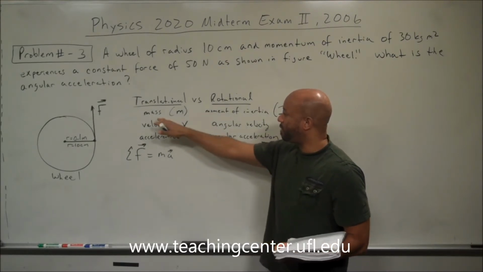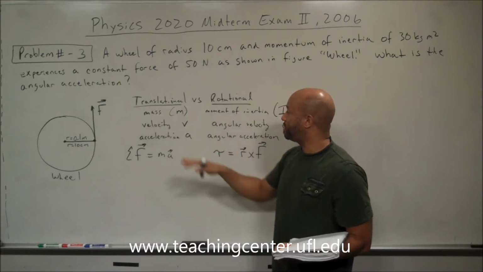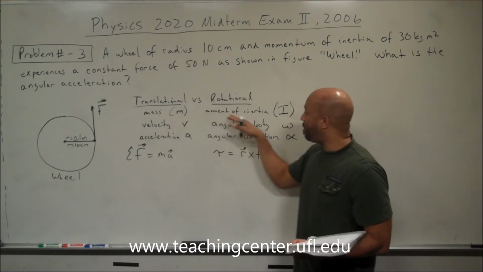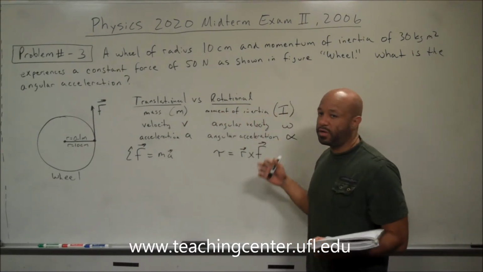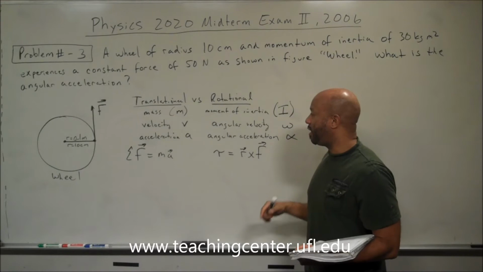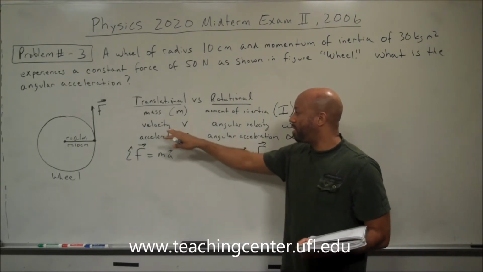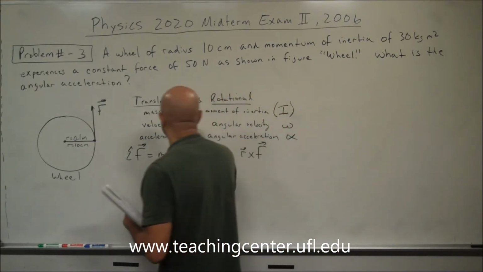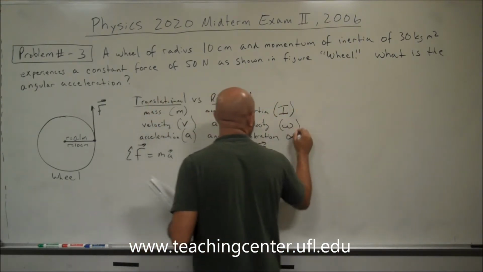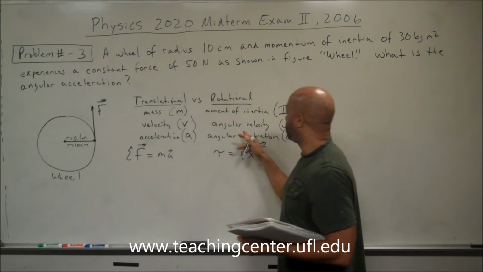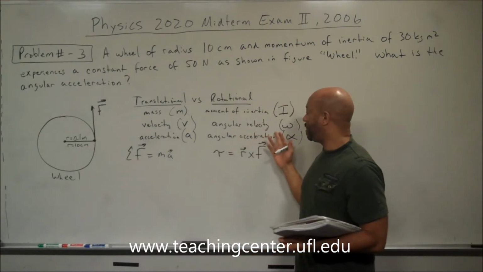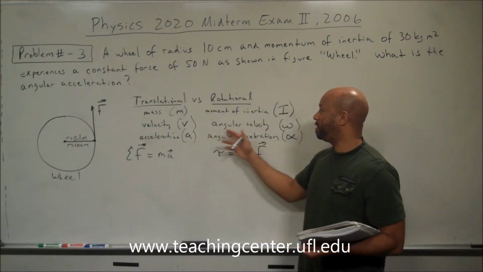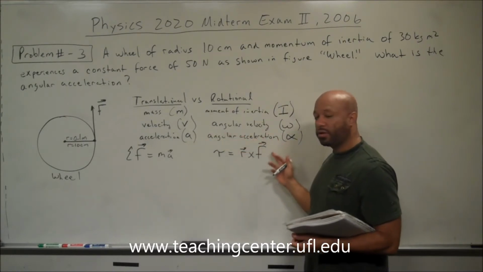When we're talking about translational motion, we talk about mass. If we're talking about rotational motion, we're not talking about mass, we're talking about moment of inertia, which is normally denoted by the capital I. For translational motion, we'll be talking about velocity, usually v, and for rotational motion, we talk about angular velocity. For translational motion, we'll talk about acceleration, and for rotational motion, we'll talk about angular acceleration.